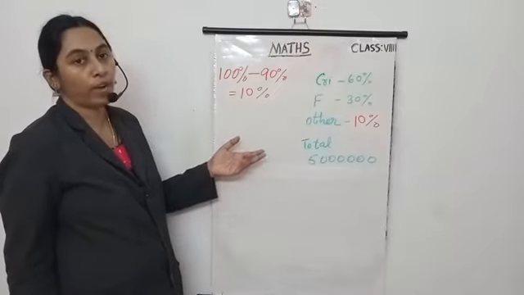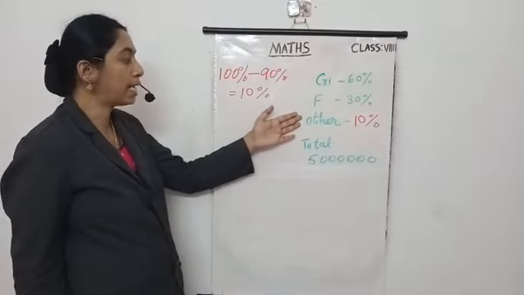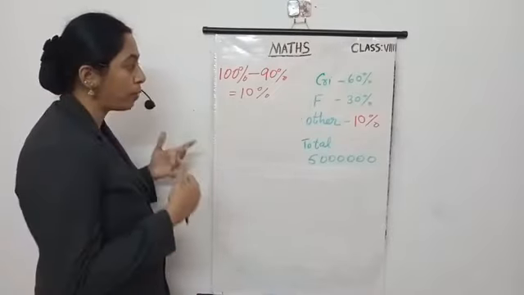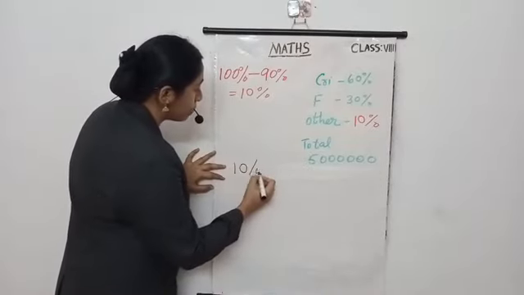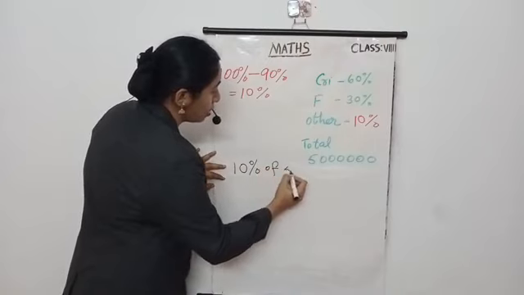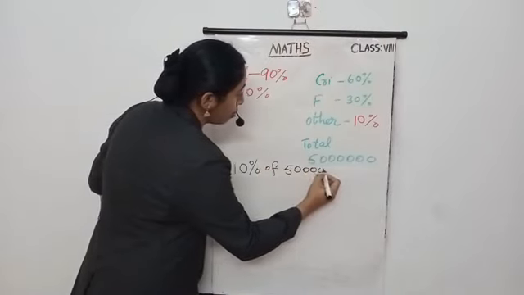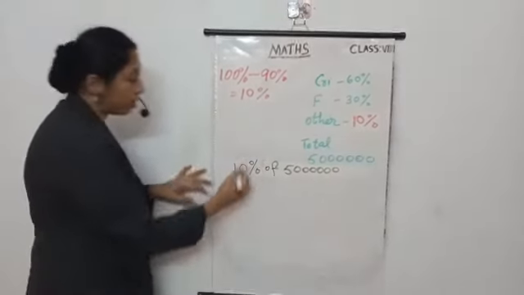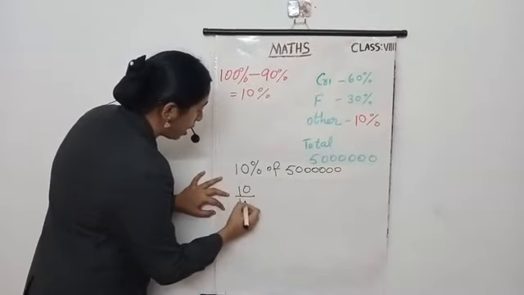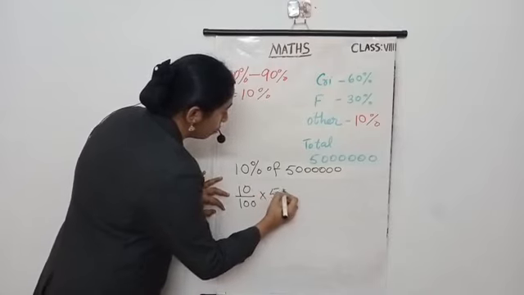Now we are going to find the number of people who like other games. That is 10% of 50 lakh number of people like these other games. That is 10 by 100 into 50 lakh.